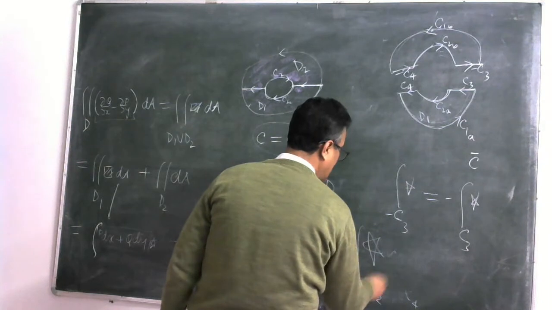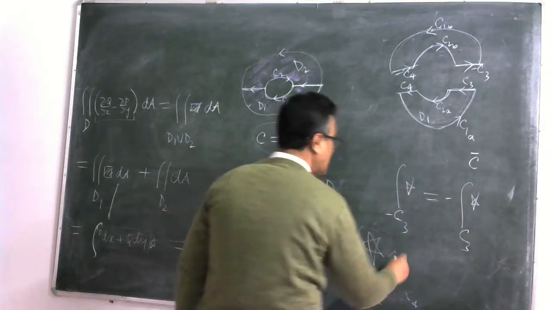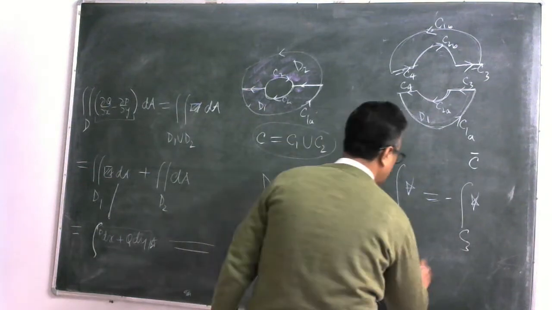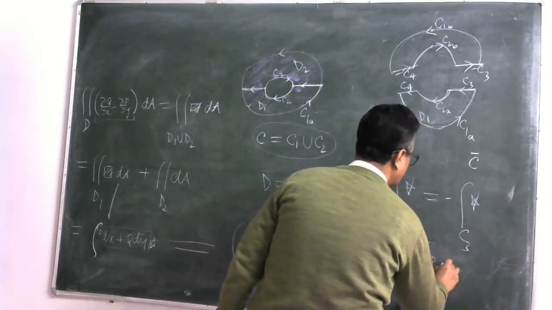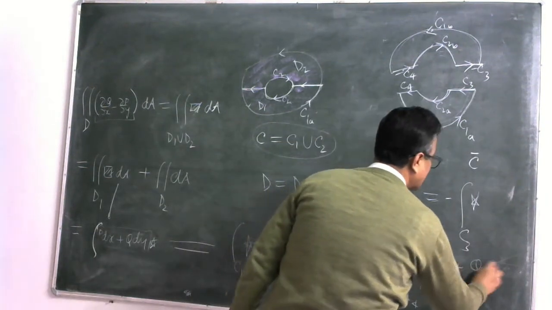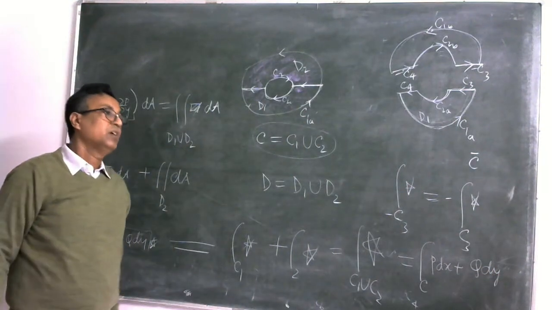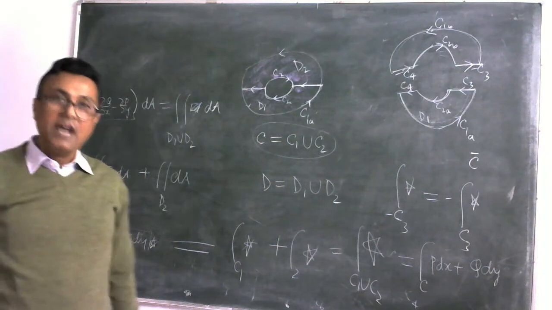So this is giving me C1 union C2, and eventually C1 union C2 is nothing but your C. So this is simply the integral over C of P dx plus Q dy. So in that way, Green's theorem is valid for a multiply connected region as well.